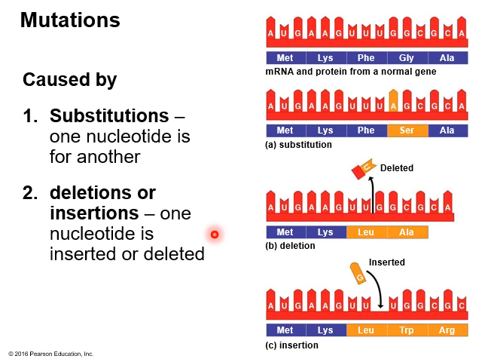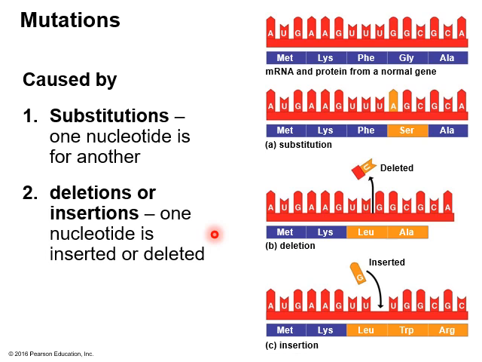And so if that mistake occurs when your body is making a sperm cell, now that mutation is going to be passed on to your offspring. Or if that mutation occurs when your body is making an egg cell, then that mutation is passed on to your offspring. And that means that every single cell inside of your offspring's body would then have that mutation.